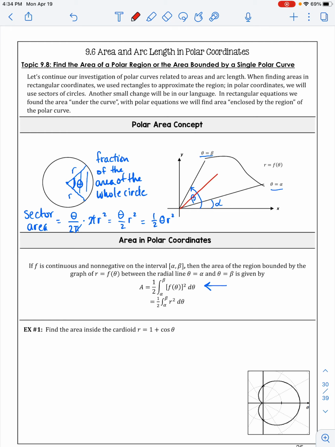What you're going to do is break this up into little mini sectors. I just drew one, but notice that this little piece is going to be our change in our angle, a very small change in theta.